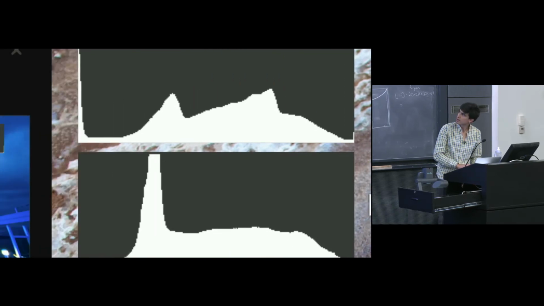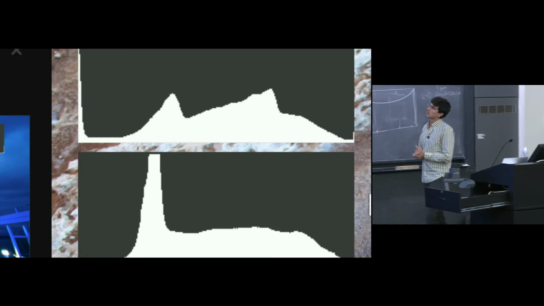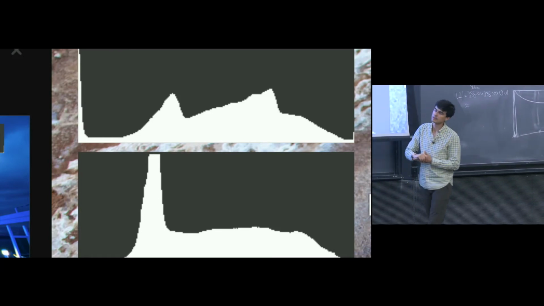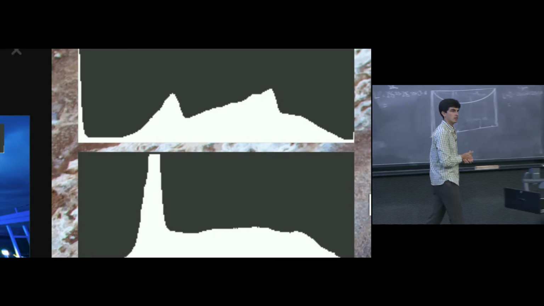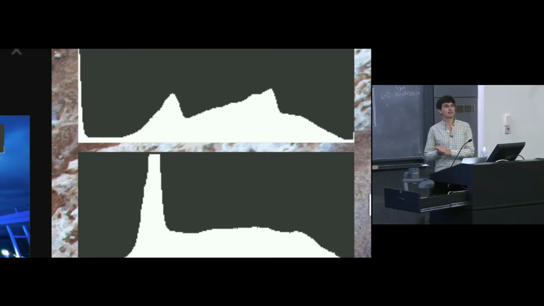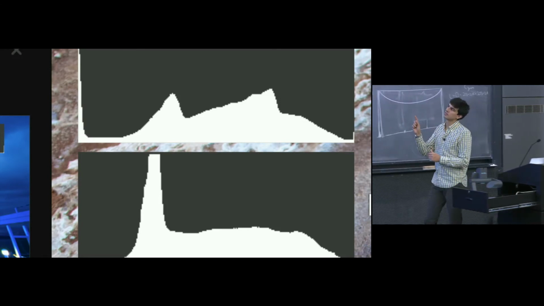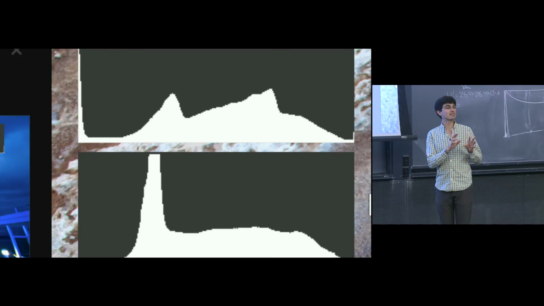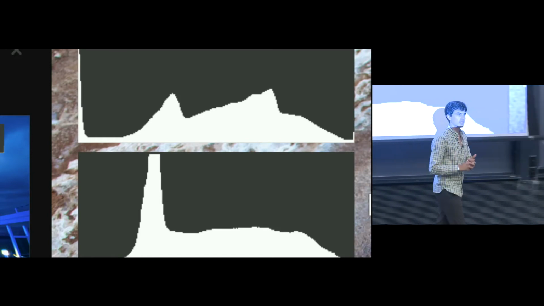There we go. So we have these two spikes. The bottom one, again, is the luminosity histogram. The top one is the RGB histogram. So why do I have this spike in the far left for the RGB histogram? First of all, is it even right to think of this spike as having moved to the right in the luminosity histogram?